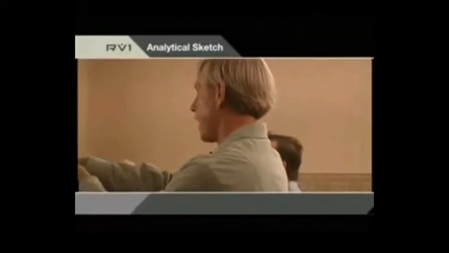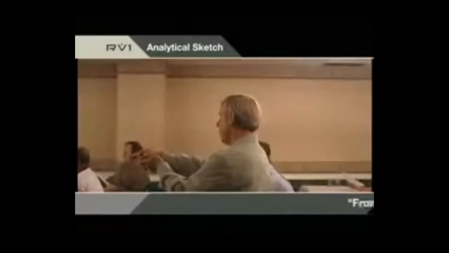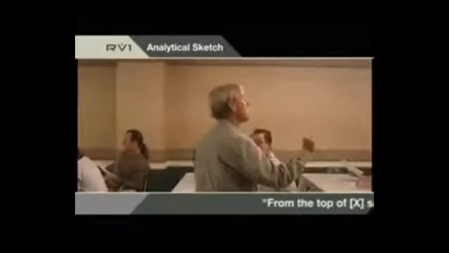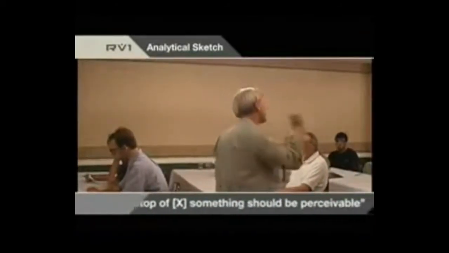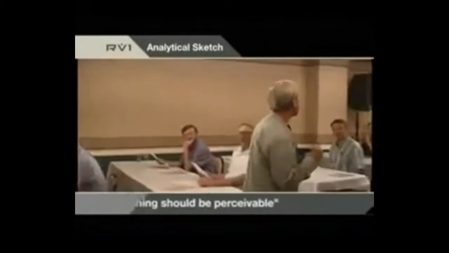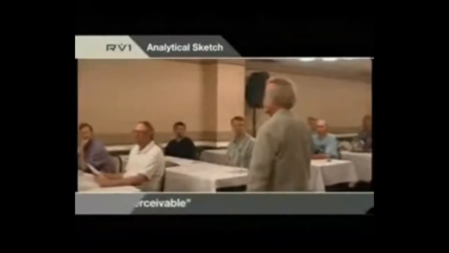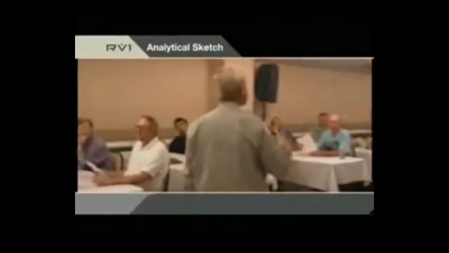From the top of X, something should be perceivable. Bam. You produce a new ideogram in that box. But this ideogram will appertain only to X and not to the whole site in general, just to X.